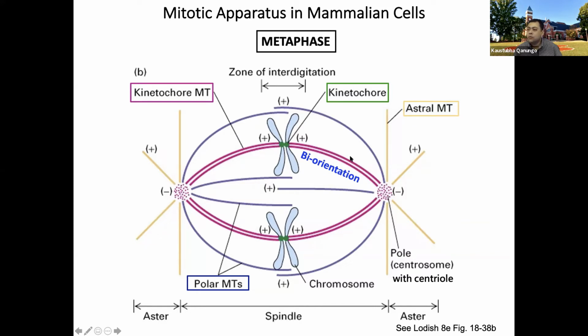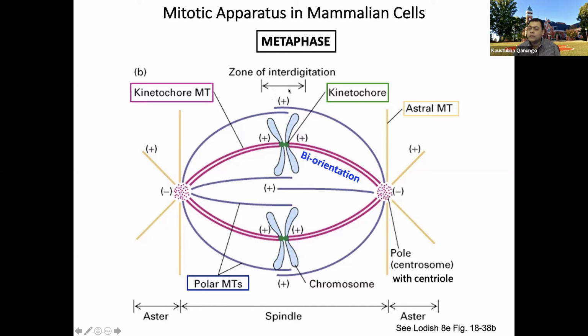The kinetochore microtubules, which grow towards the kinetochores or the middle part of the cell, are plus-ended, where the minus end is towards the spindle pole, and the same for the polar microtubules. So everything close to the centrosome, the centriole, or the spindle pole, whatever you call it, has the minus end towards that. That's the important part that we're going to talk about.